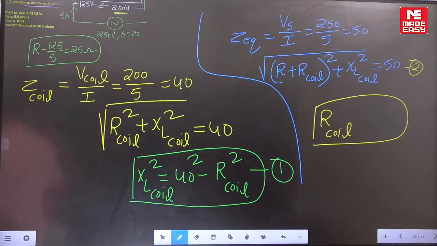What is the resistance of the coil? Answers.